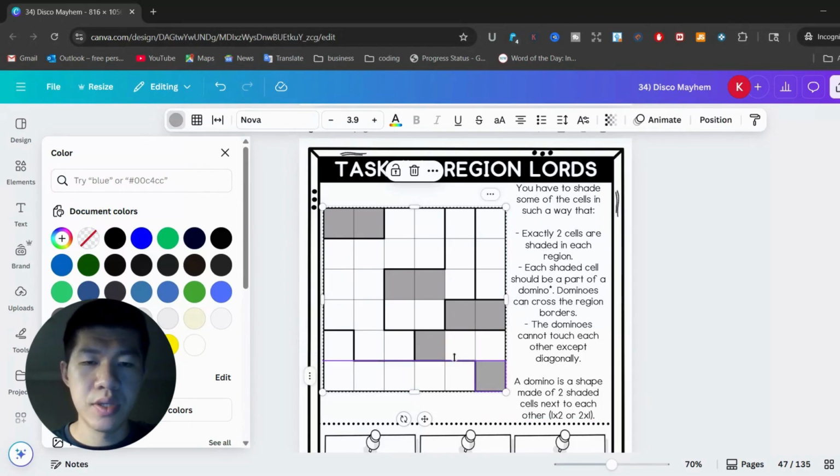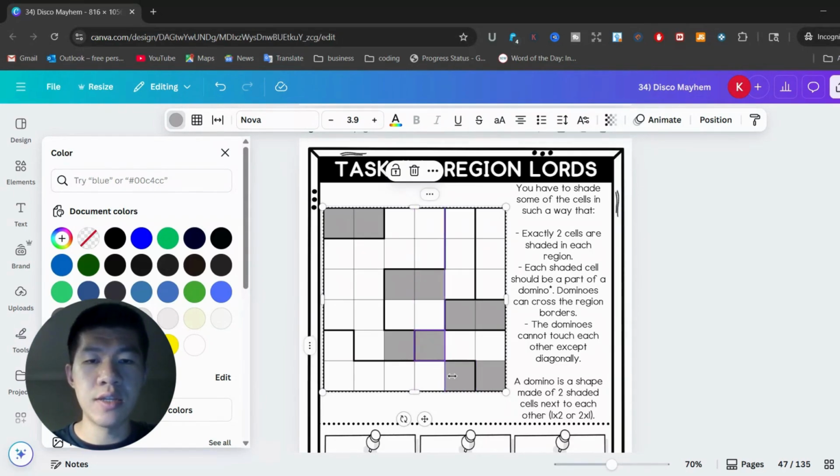These two shaded cells are already part of this outline here. So I can logically deduce that if I shade in these two right here, then the other cells that I can shade in are here and here. Again, the shaded cells should be part of a domino, so they have to be either a 1 by 2 or a 2 by 1.